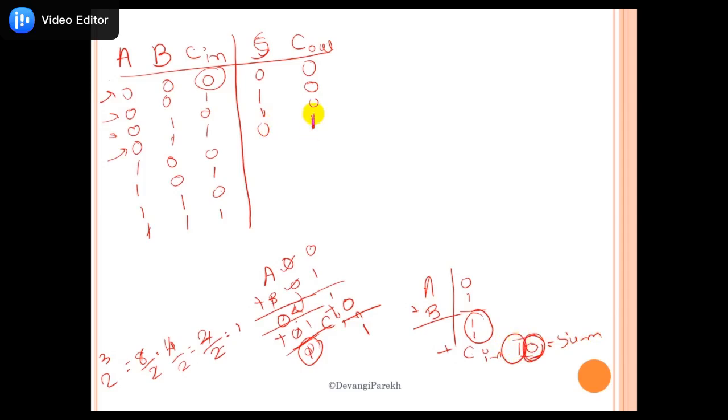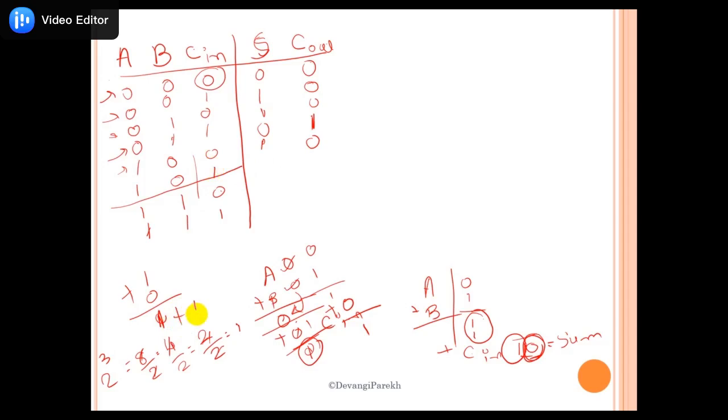Now let's see the output for 1, 0, 0, which will produce the same: sum is 1 and C out is 0. In this condition also 1 plus 0 will produce 1. So for the sum, again we have to add 1.